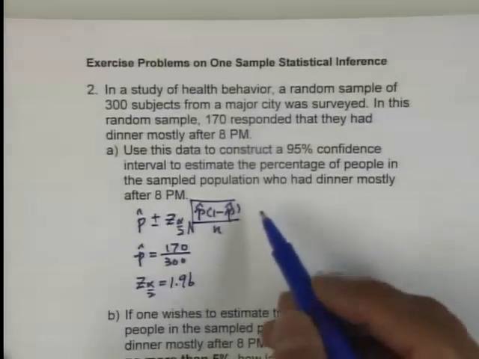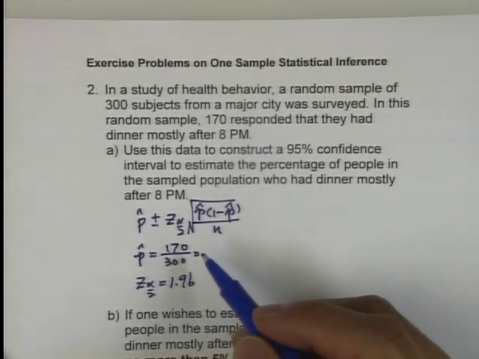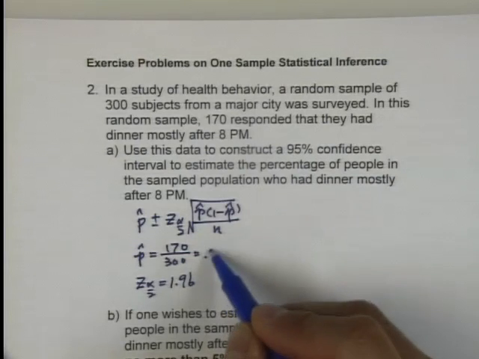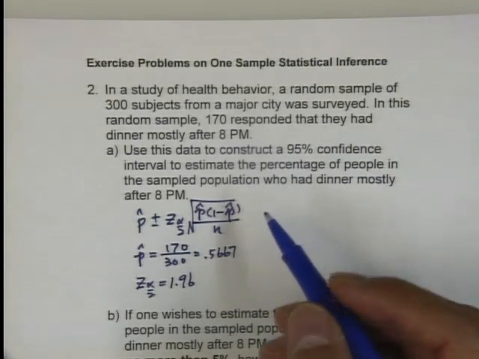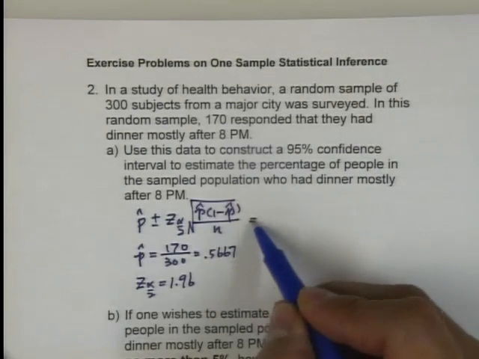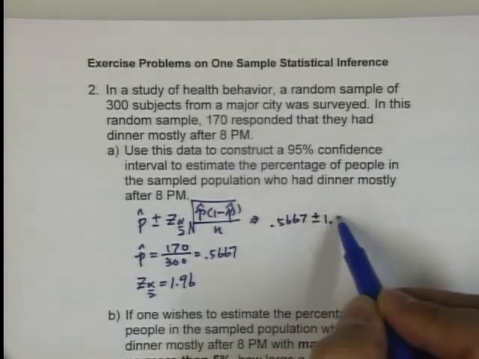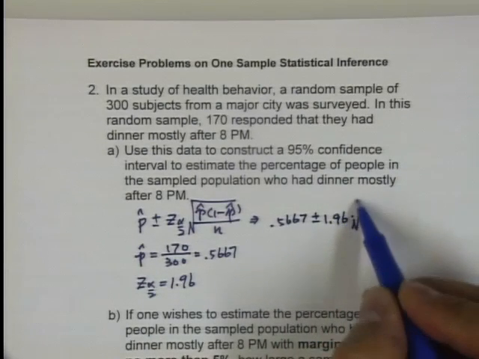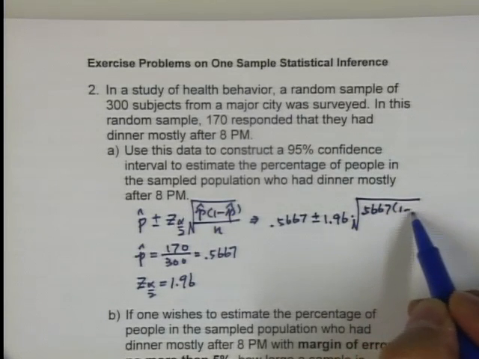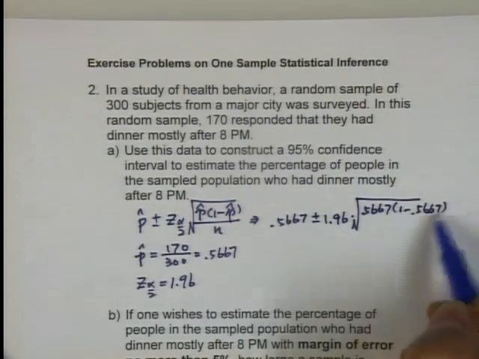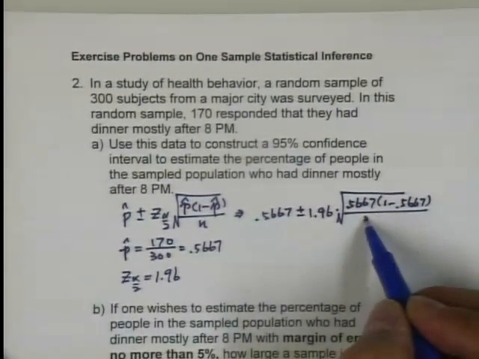So what you need to do then is this number. Let me see, do I have a fraction? Okay. This is 0.5667, so 56.67%. So what I can do is just plug into this formula: 0.5667 plus or minus e equals 1.96 times the square root of 0.5667 times (1 minus 0.5667) divided by 300.